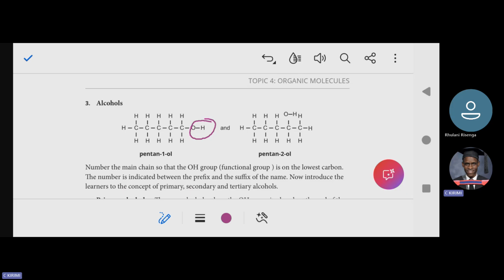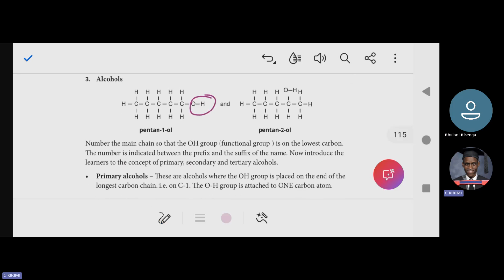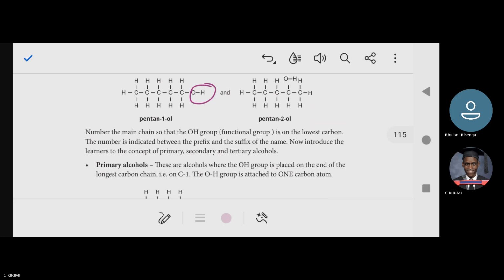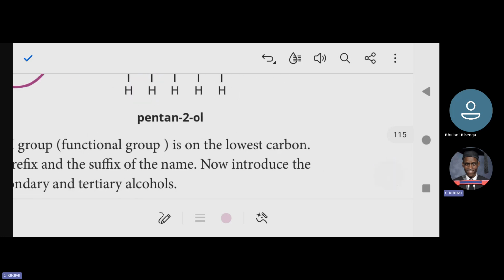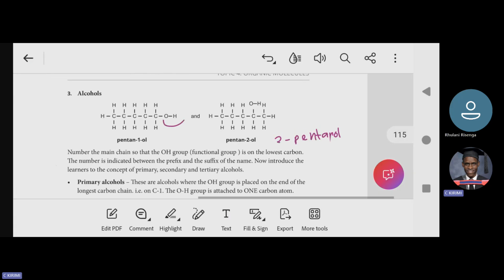Yes, like that. Or you can write it as 2-pentanol, etc. It depends on how you want to write. Both ways are acceptable. Then we know the position of the OH group is at carbon number 2.